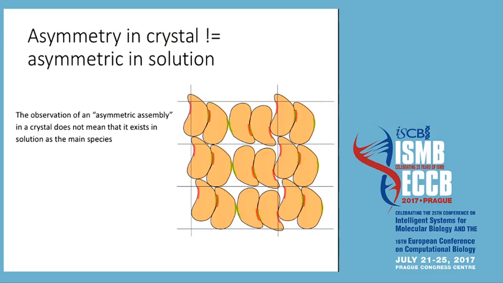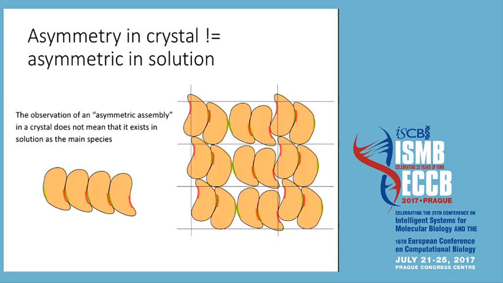And here you see the same problem as we saw before. If you extract that to solution, it will be difficult for that to be stable because there will be other aggregation on those open interfaces. So if you see something like that in a crystal, it's important to do all the extra experiments to confirm that it's actually a real thing that happens in solution, not some kind of metastable state that is captured by the crystal.